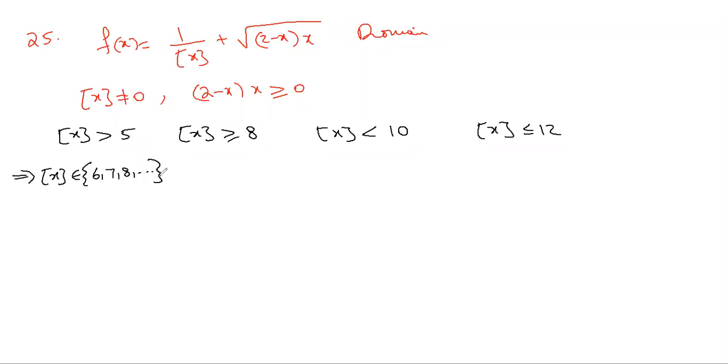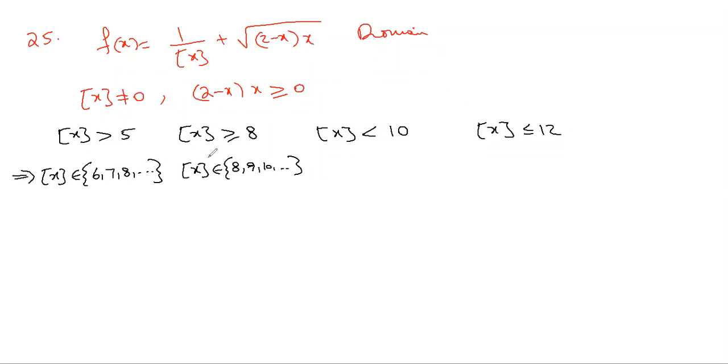I just suggested you to write this one step. Next, for this, integral part of x belongs to, can anyone tell me? 8 onwards. Very good. 8, 9, 10 and so on. So don't create a formula like this. Generally you think integral part of x greater than 5, so 6 onwards allowed.